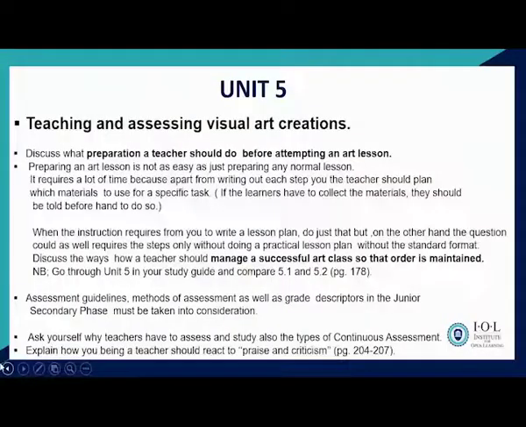Preparing an art lesson is not as easy as just preparing any normal lesson. Why? It requires a lot of time because apart from writing out each step, you, the teacher, should plan which materials to use for a specific task.